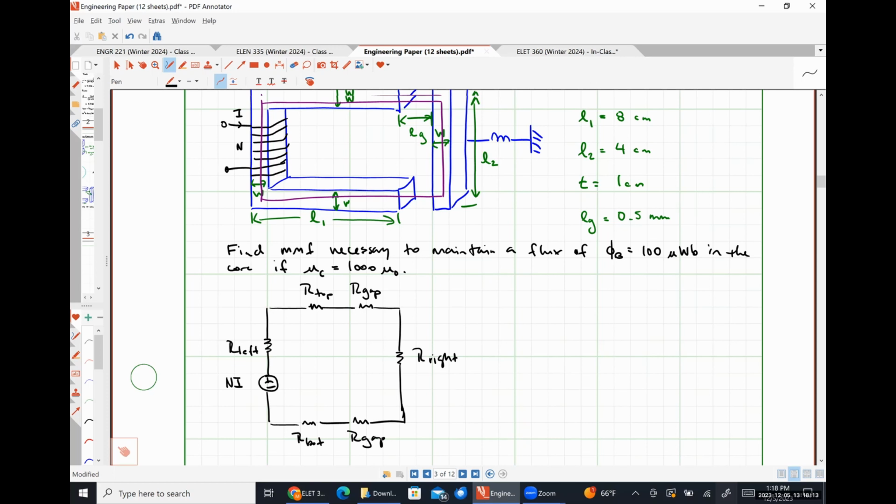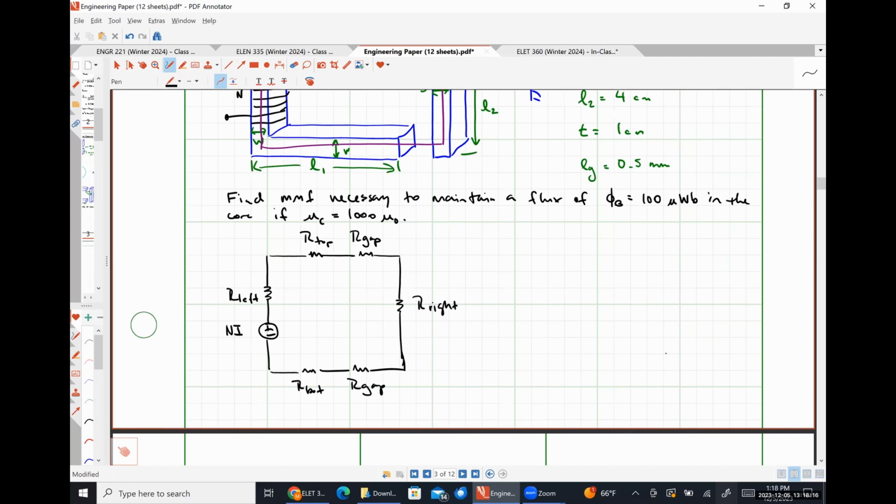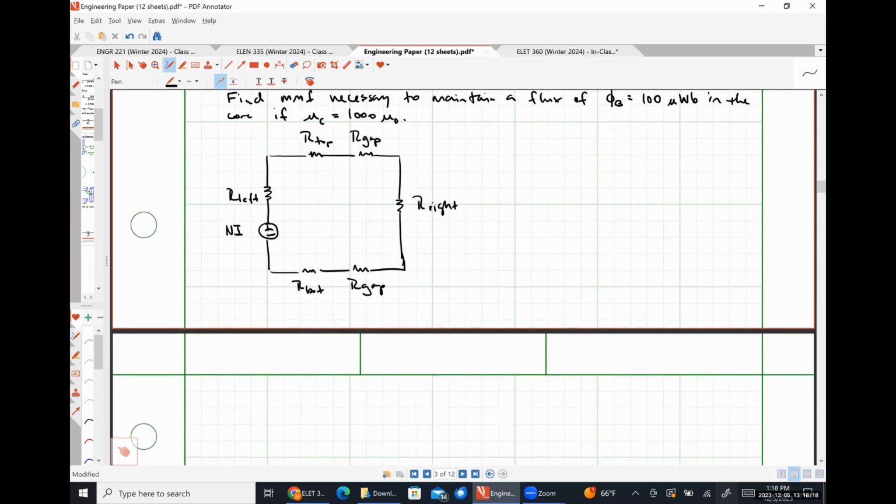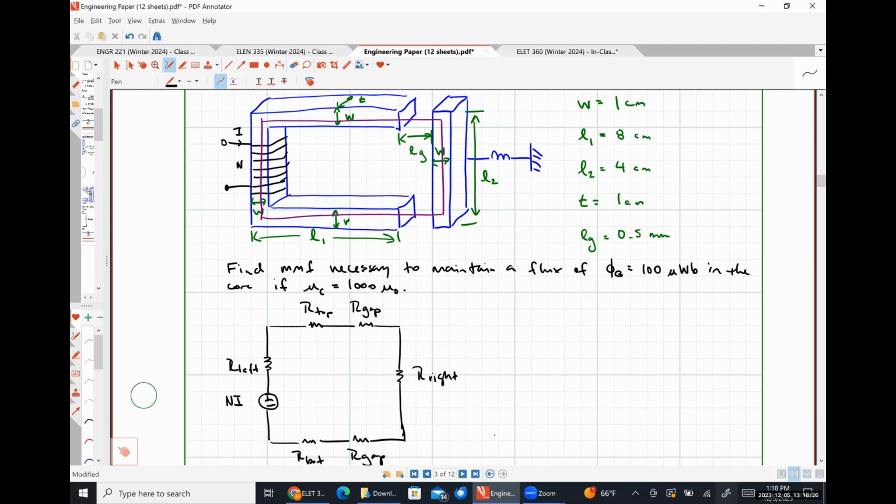Okay. So let's start with the leftmost path. So what's the distance my flux travels? L2 minus W, right?